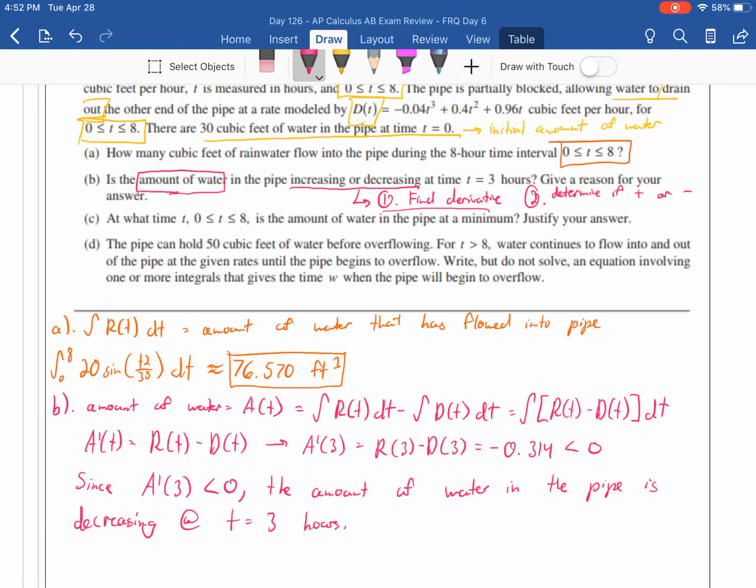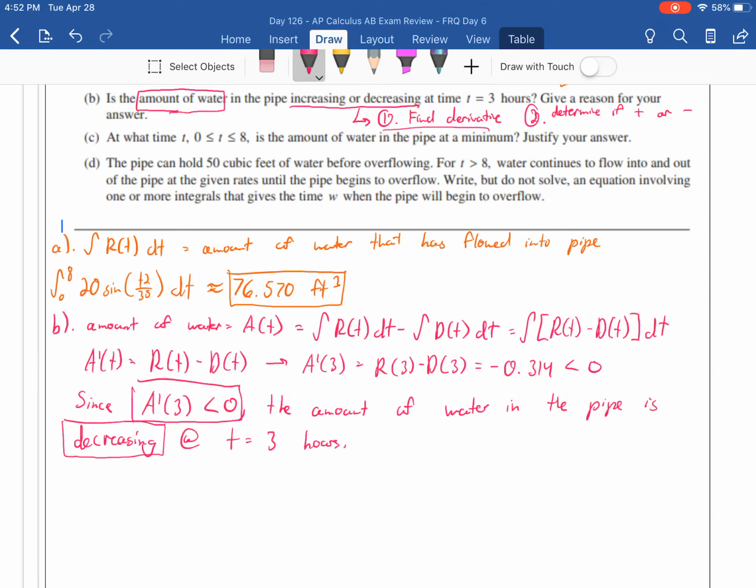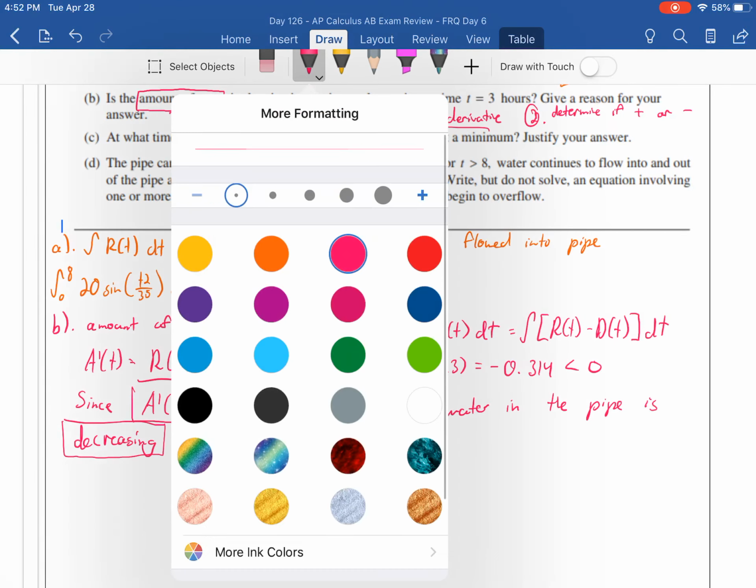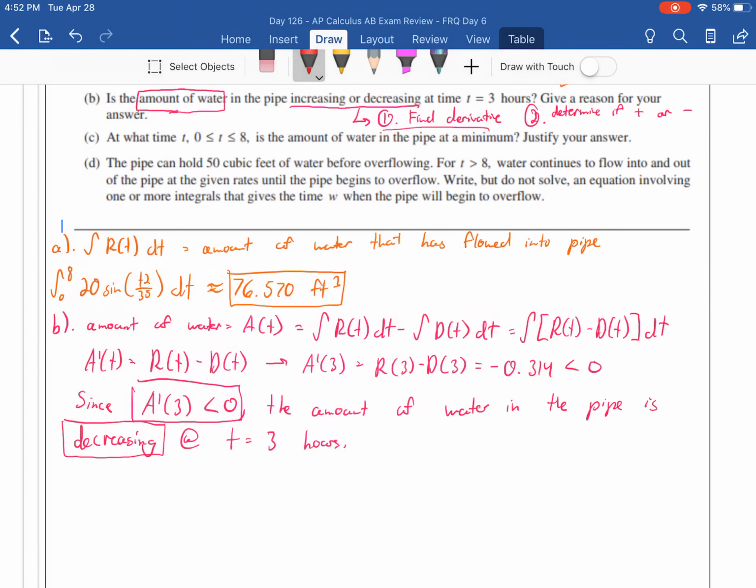So just to put it as a complete sentence, it would be decreasing because it is less than 0. Okay. So that's part B. So once again, find the derivative, determine if it's positive or negative to determine if it's increasing or decreasing. All right, so now part C.